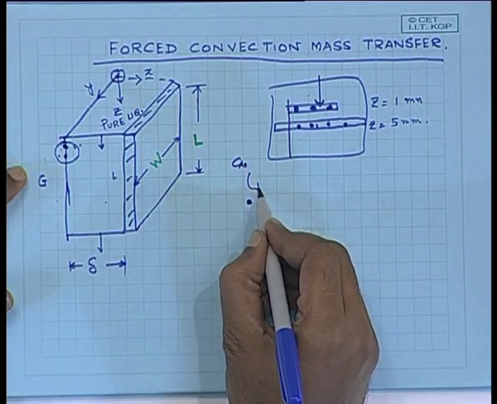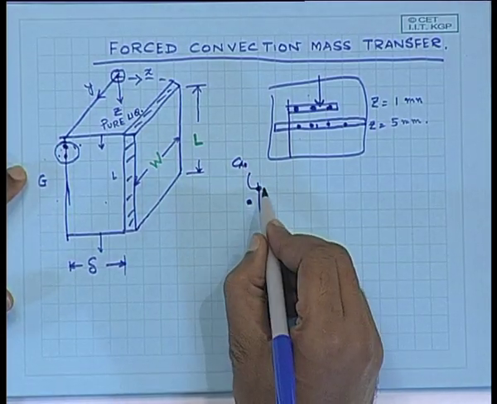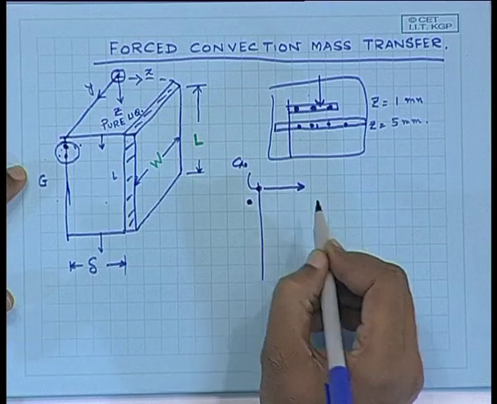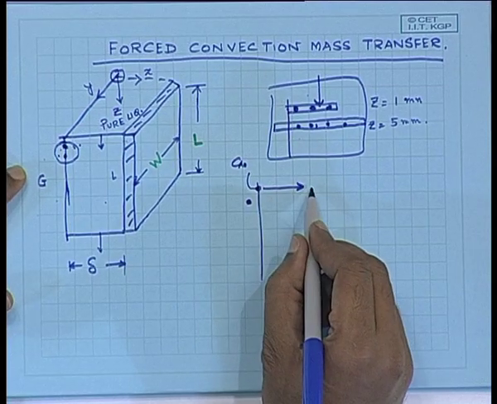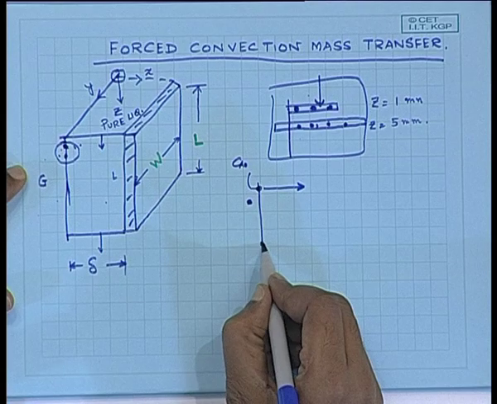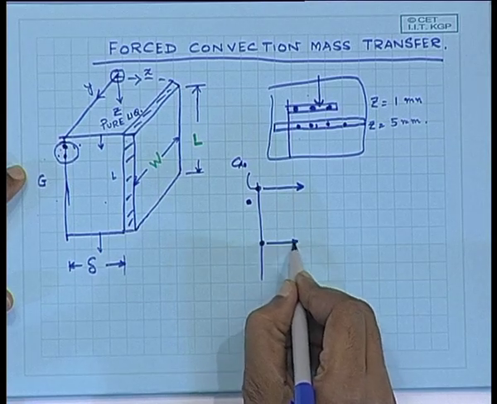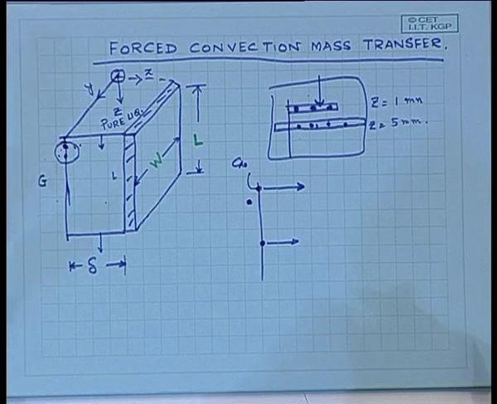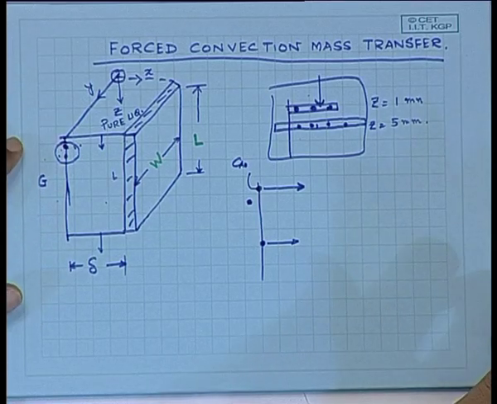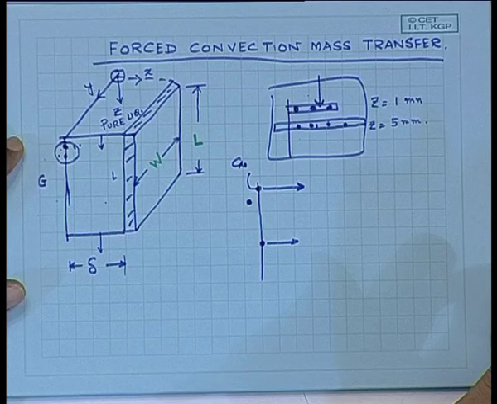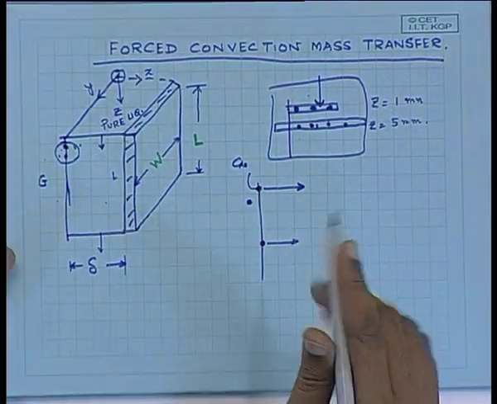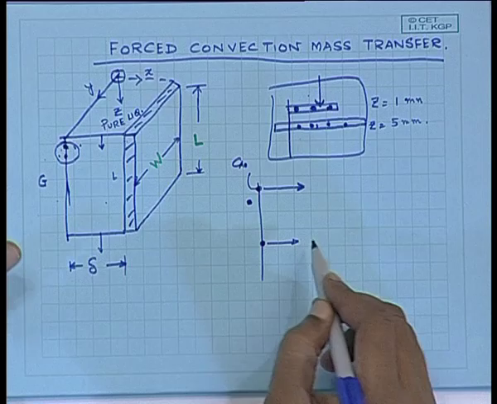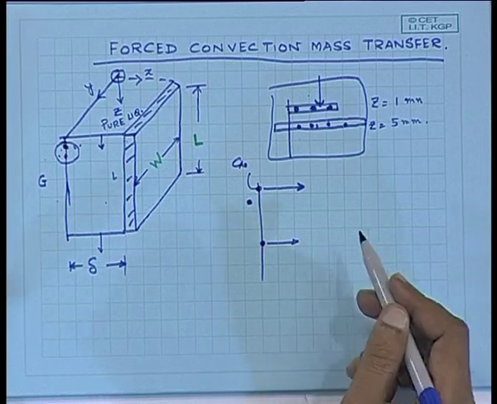So initially when I think of this Ca0, can you say anything about the diffusive flux in the x direction compared to the diffusive flux in the x direction? Which one is going to be more? The diffusive flux in the x direction. Will it be same? If you are right, then the diffusive flux in both cases should be the same, but would it be same?